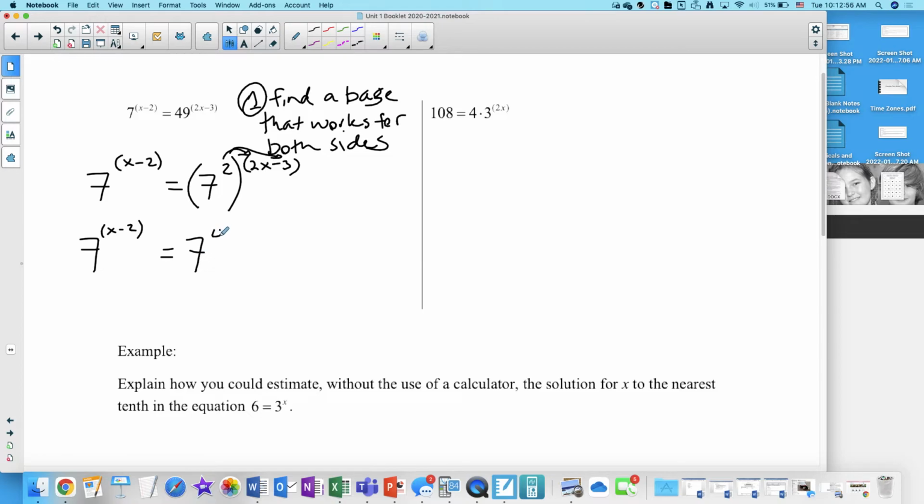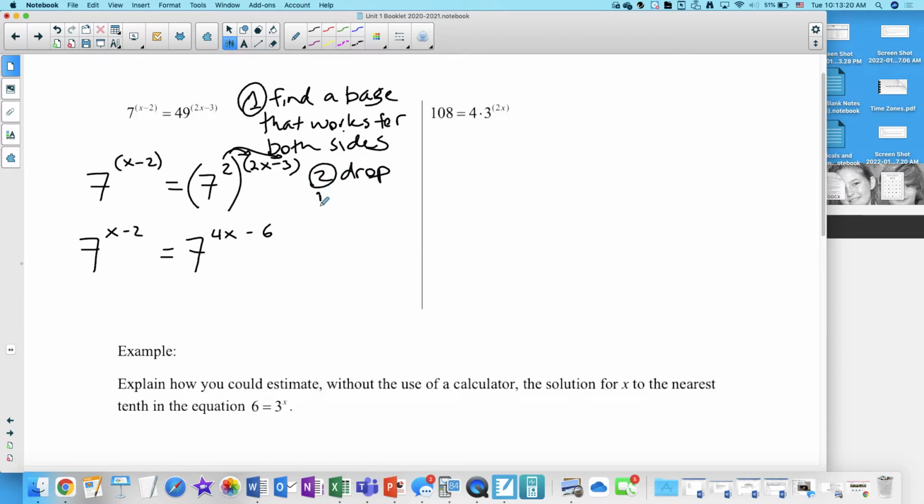So once we're at this stage, the second thing that we can do is drop the bases. If we drop the bases, we're going to have x minus 2 equals 4x minus 6. And at this stage, we should have a linear equation.